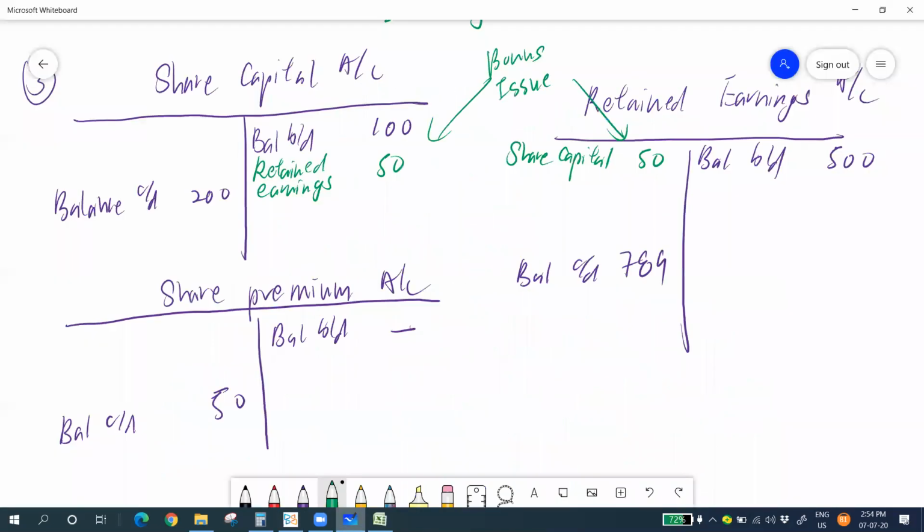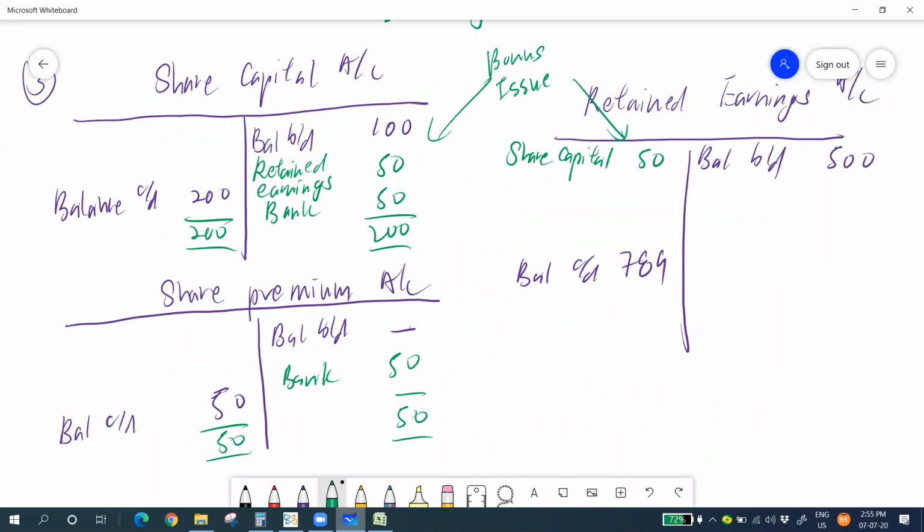So we go to the ledger to record this. In the ledger, we will show collection, bank 50, bank 50. So we have the balance, the capital account, and also share premium.